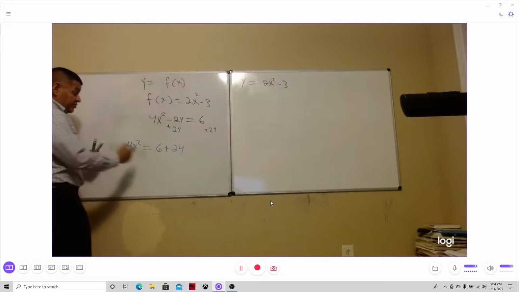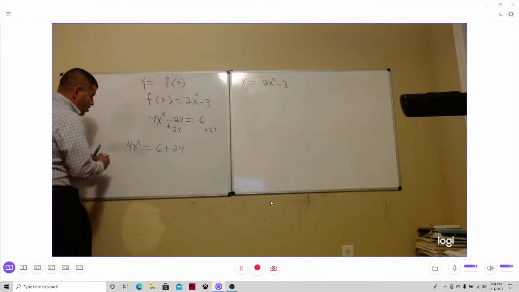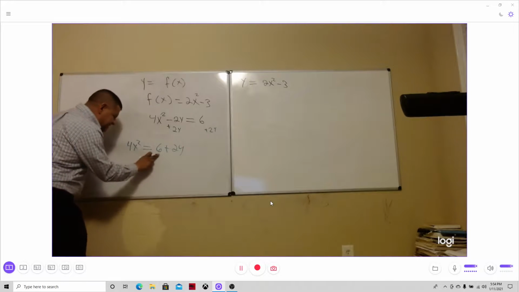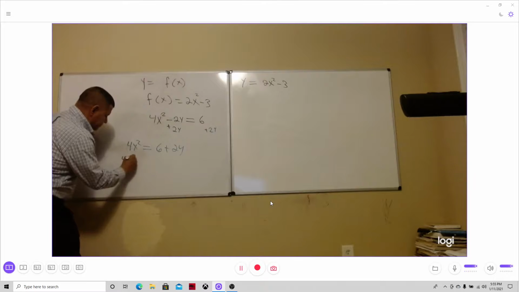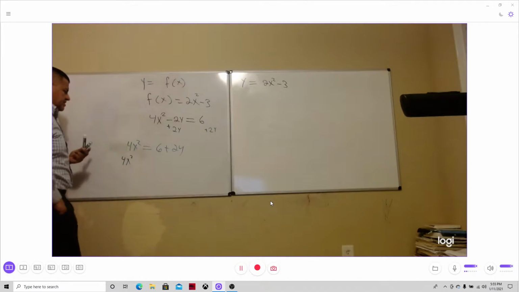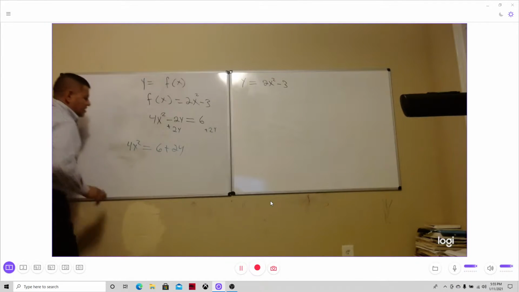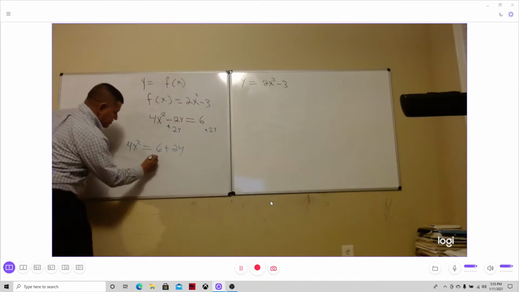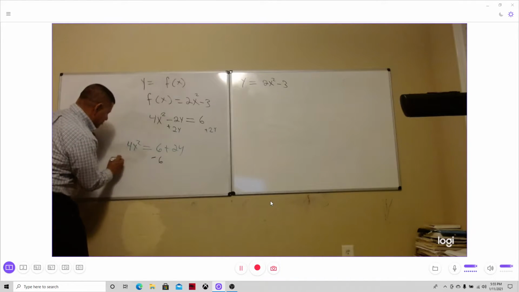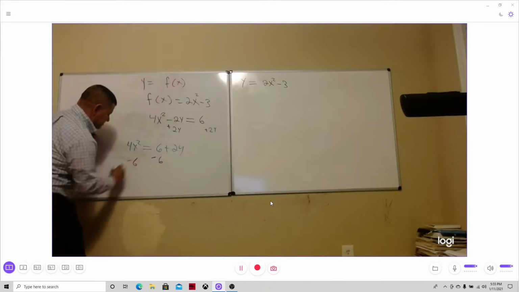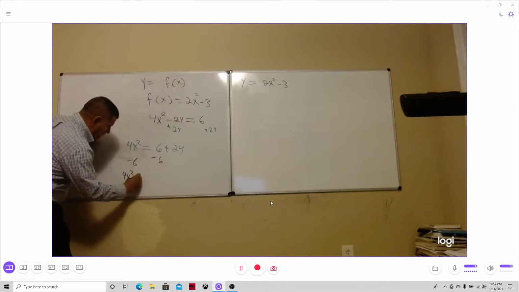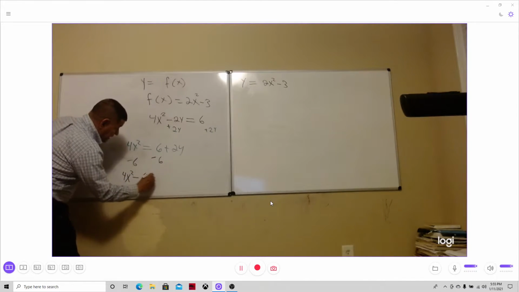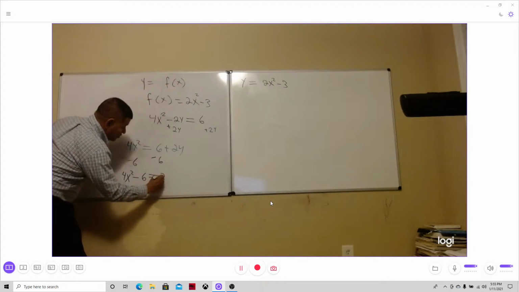So I still have to subtract 6 on this side. Actually, you know what? Let me just do it step by step. So I subtract 6 on this side, and I subtract 6 on this side. Then I can say 4x squared minus 6 equal to 2y.